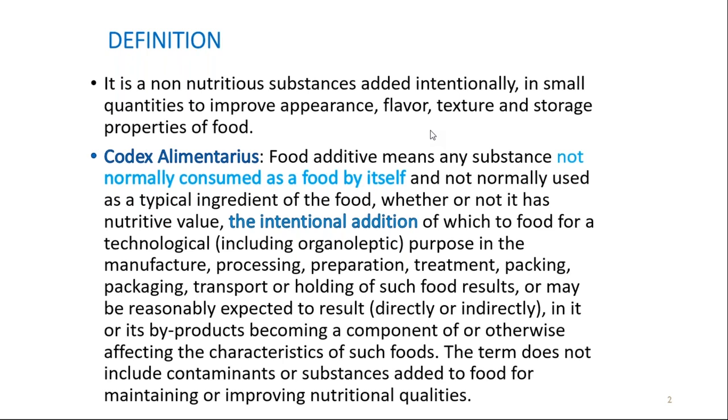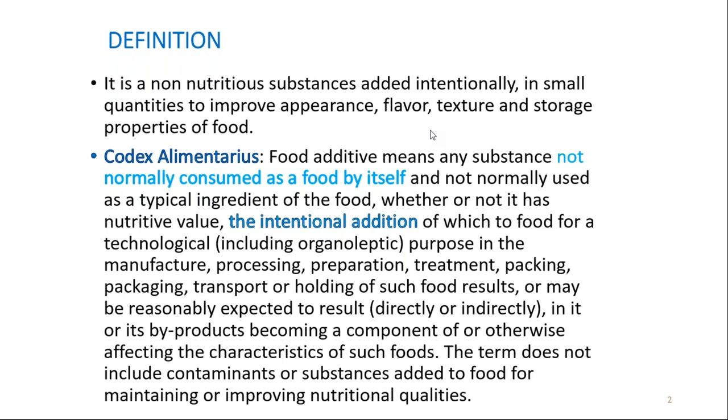According to Codex Alimentarius, the definition for food additive, which is almost the same as the definition you will find in FSSAI, is that it means any substance which is not normally consumed as a food by itself, and it is not normally an ingredient in a food. It doesn't have any nutritive value, and it is intentionally added, generally for improving the technological properties of the food.